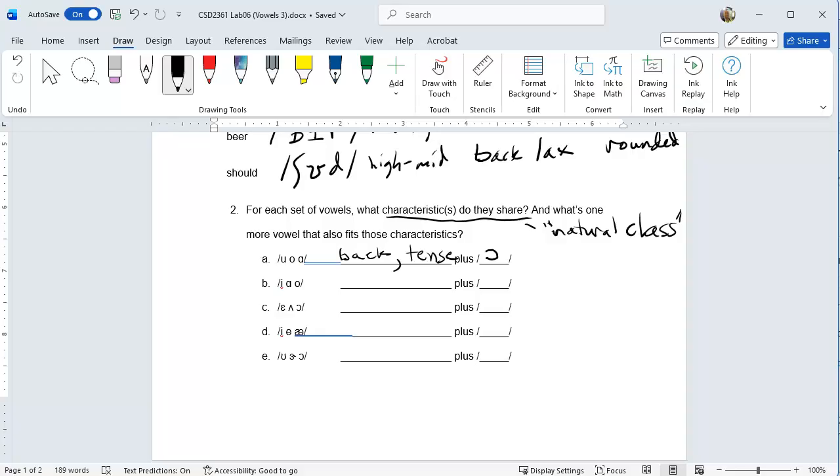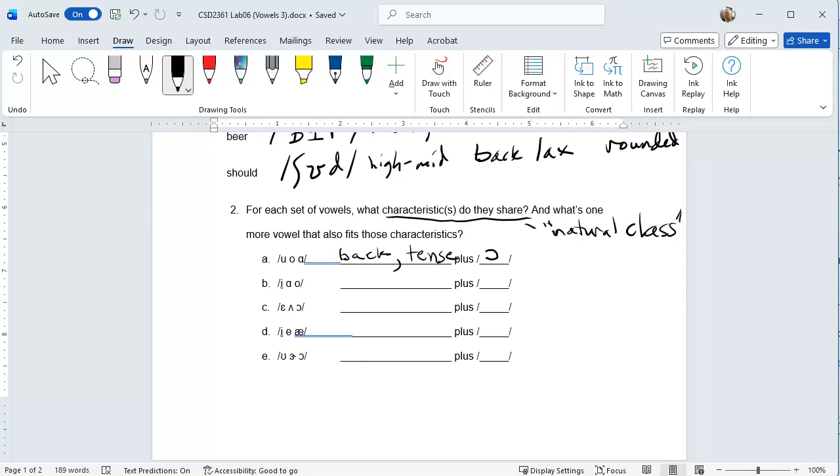All right, our next group is E, Ah, and O. Well, now we're all over the place in the chart. E is way up in the upper left, Ah is way down in the lower right, O is in the middle on the right. So now they're not the same in terms of the front-back dimension, they're not the same in terms of the high-low dimension, they're not the same in terms of rounding, which I didn't mention in the previous one, but maybe I should have.